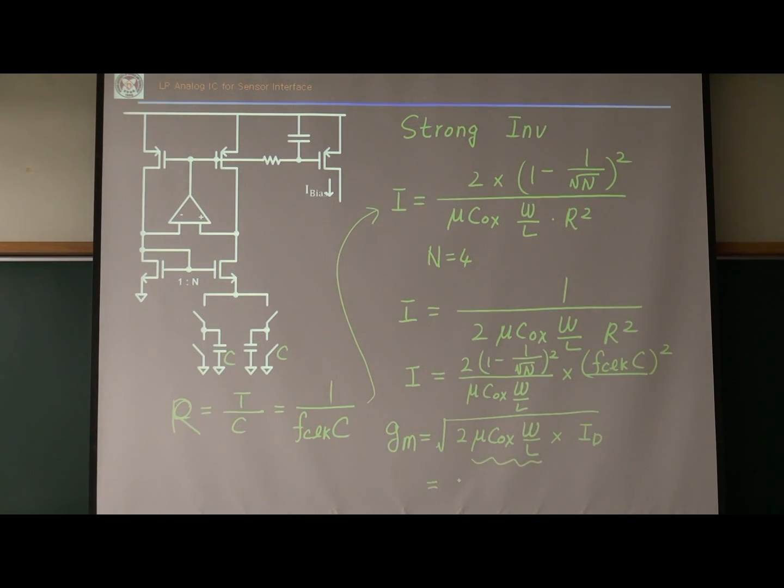So my GM is 2... Oh yeah, so my GM is very predictable, right? It's determined by capacitance and clock frequency. Question?